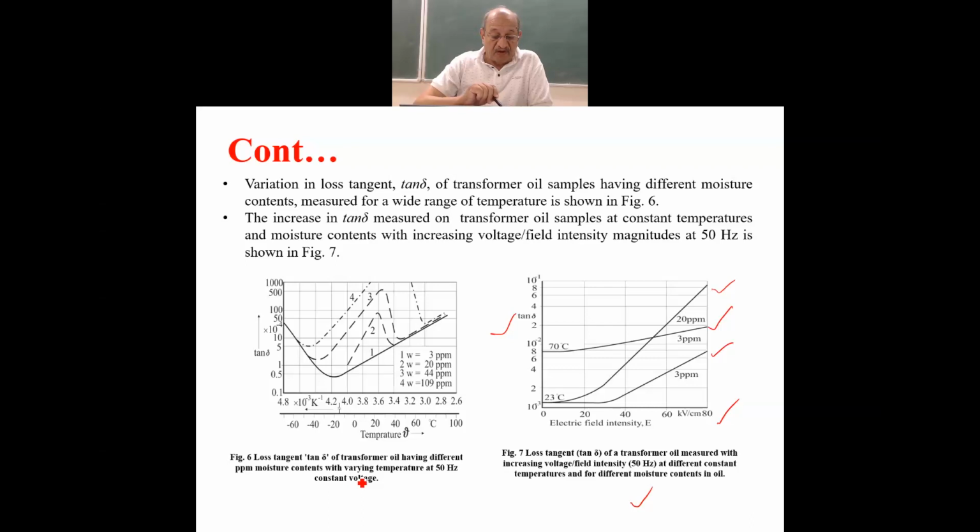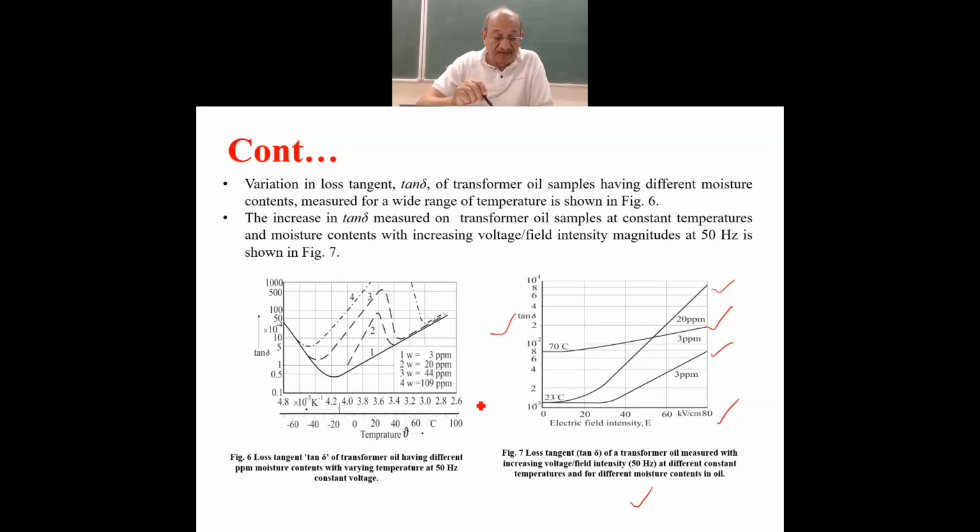In this figure, as you see, the loss tangent of transformer oil having different parts per million content of moisture is shown with varying temperature at 50 hertz, constant voltage. This has been measured by application of constant voltage, but for increasing temperature.